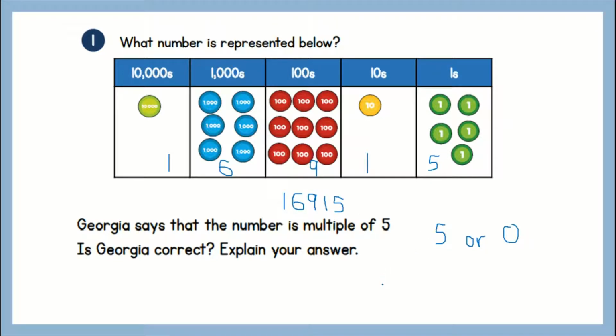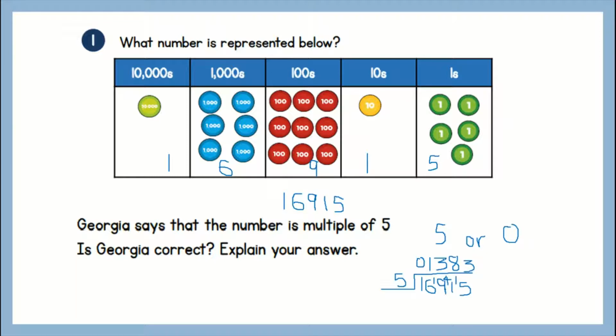We can also check it by doing the bus stop method. So 16,915 divided by 5. 5 into 1 is 0. 5 into 6 goes once with a remainder of 1. 5 into 19 goes 3 times with a remainder of 4. 5 into 41 is 8 times with a remainder of 1. 5 into 15 is 3.